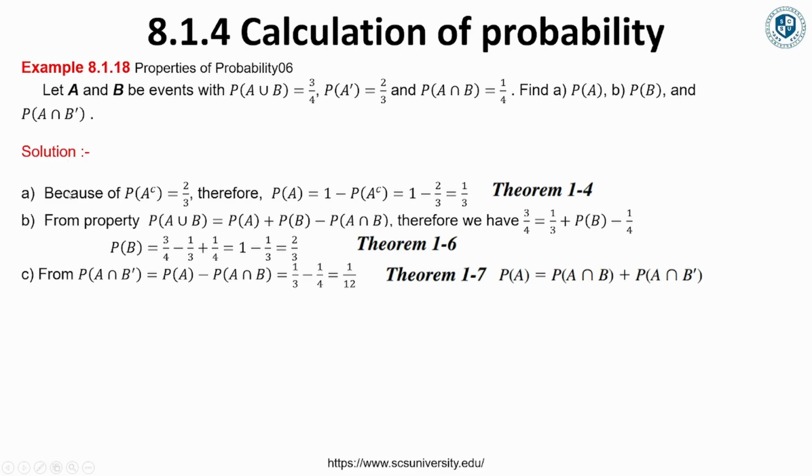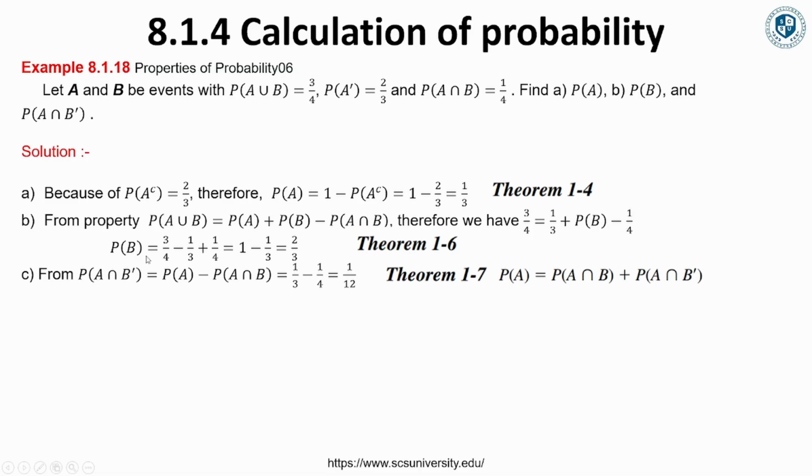Solution. (a) Because the probability of A complement is equal to 2 divided by 3, the probability of A equals 1 minus 2 divided by 3, which is equal to 1 divided by 3. (b) From theorem 1.6, the probability of A union B equals the probability of A plus the probability of B minus the probability of A intersection B. Therefore, we have 3 divided by 4 equals 1 divided by 3 plus the probability of B minus 1 divided by 4.